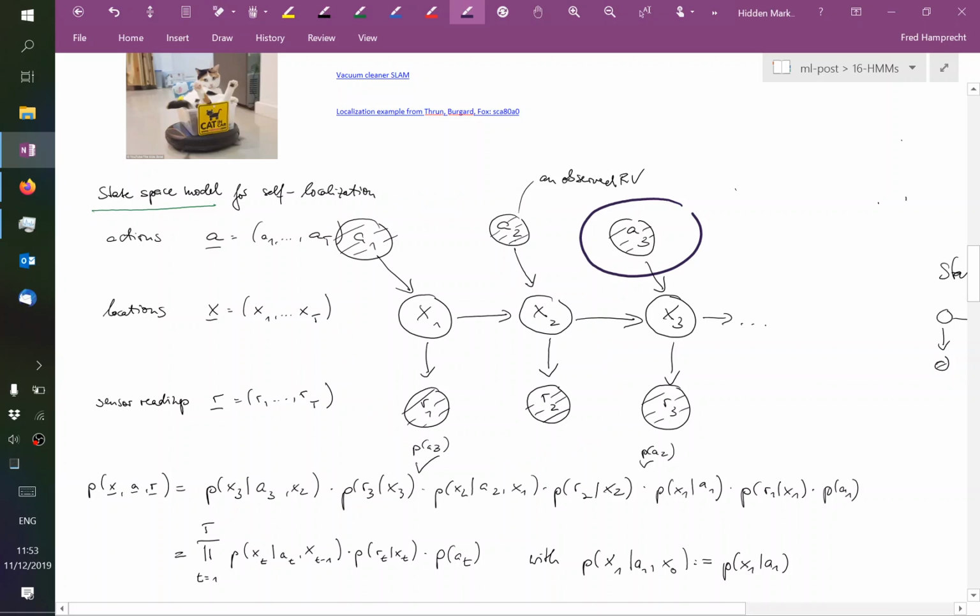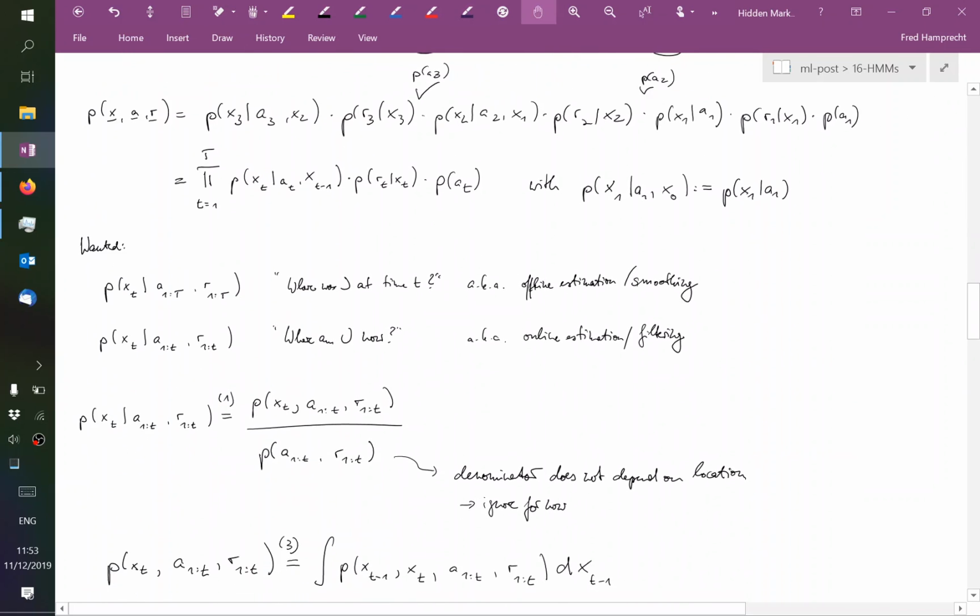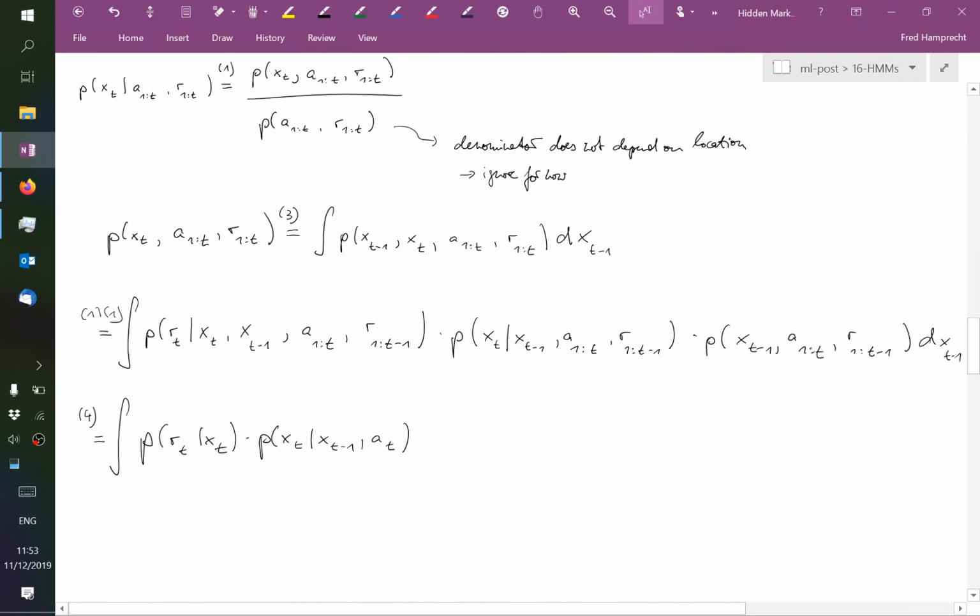And these two I can simply factorize. So I can write this final term as the probability of x_{t-1}, a_1 up to t minus 1, the readings up to t minus 1, and the action at time t.